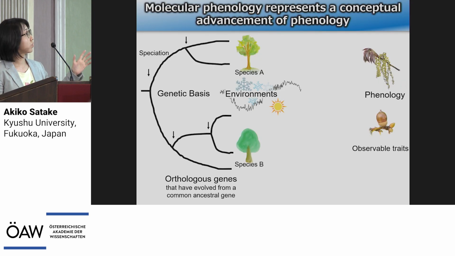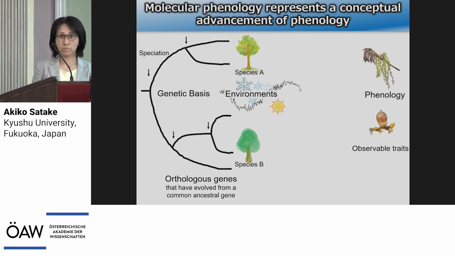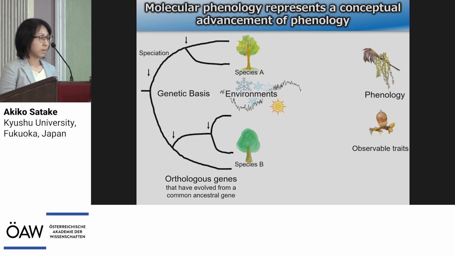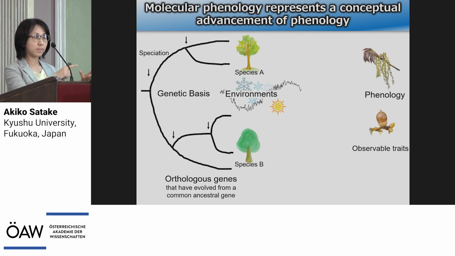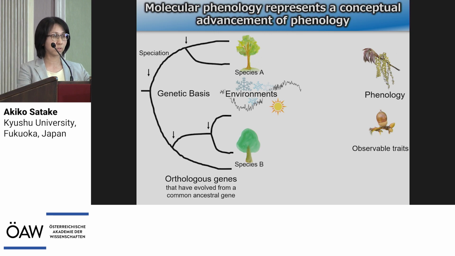Molecular phenology represents a conceptual advancement of phenology. There are a lot of species in the world, and different species have orthologous genes that have evolved from a common ancestral gene. Each gene has a specific expression pattern in response to environmental change.